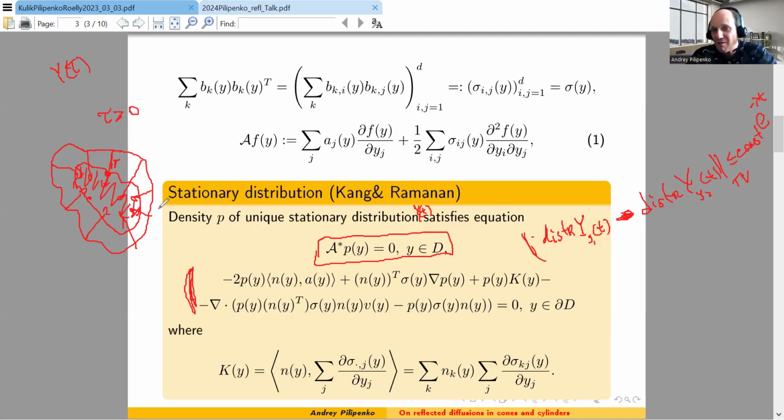And you can show that there is some domain such that in time tau, you will hit it, and the transition probability density is separated from zero. For usual diffusions it's well known, and for killed diffusions it's well known.